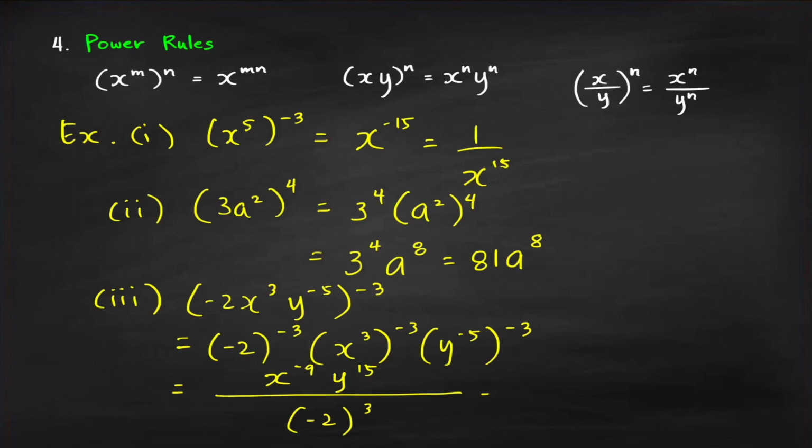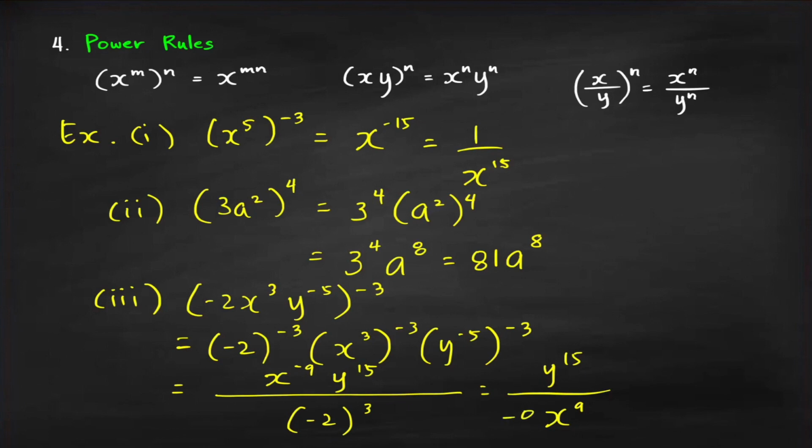Now, let's do some simplification here because we don't want powers to be negative. So this x raised to negative 9, we can move this factor to the denominator, and we'll get here x raised to 9. And then, of course, we still have the factor y raised to 15 in the numerator, and multiplying 3 copies of negative 2 gives us negative 8.